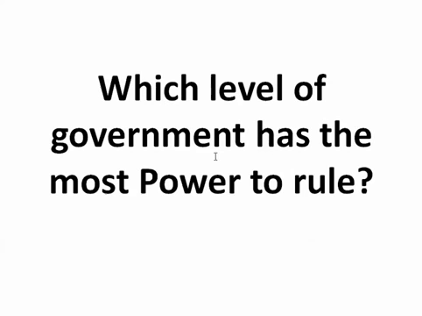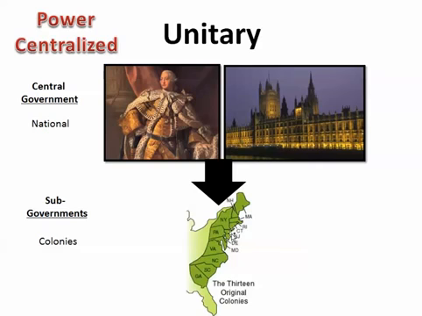Which level? King George III is going to create charters for these colonies, and other kings like King Charles II are going to create these colonies. So they have the power of creating colonies. And then we saw in Massachusetts, they could even change the colonies from a corporate charter to a royal charter.